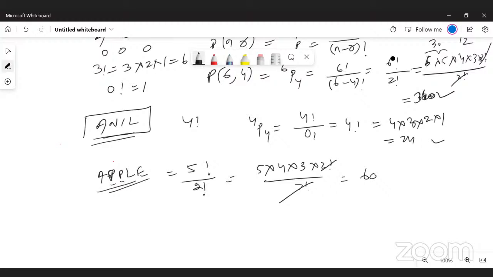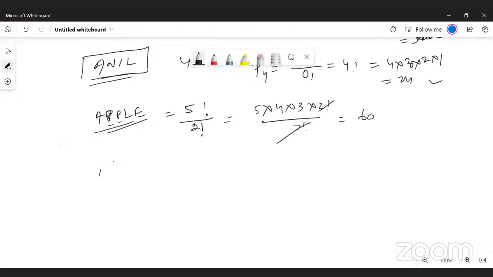Similarly, tell me if it is MATHEMATICS. How many letters are there in MATHEMATICS? 11 letters. How do we arrange the 11 letters, with or without meaning?